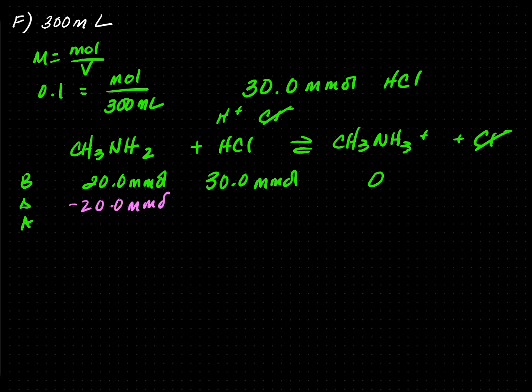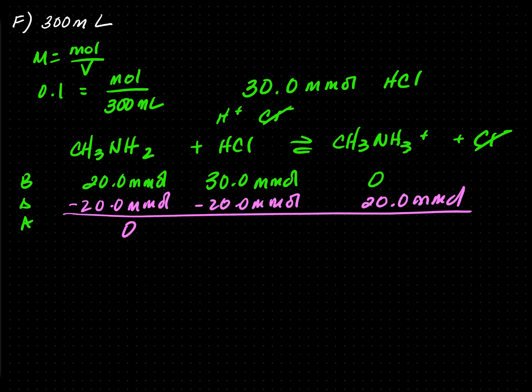So I'm going to subtract on the left side. On the right side, I'm going to add. There is no more weak base present, and I have 10 millimoles of the strong acid, 20 millimoles of the conjugate. So at this point, we have two acids present. We have the strong acid and we have the conjugate, which is really weak.